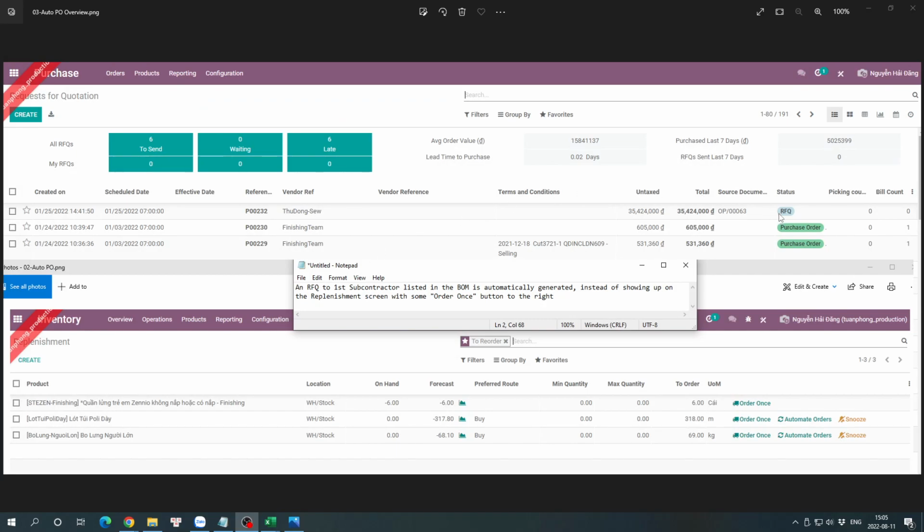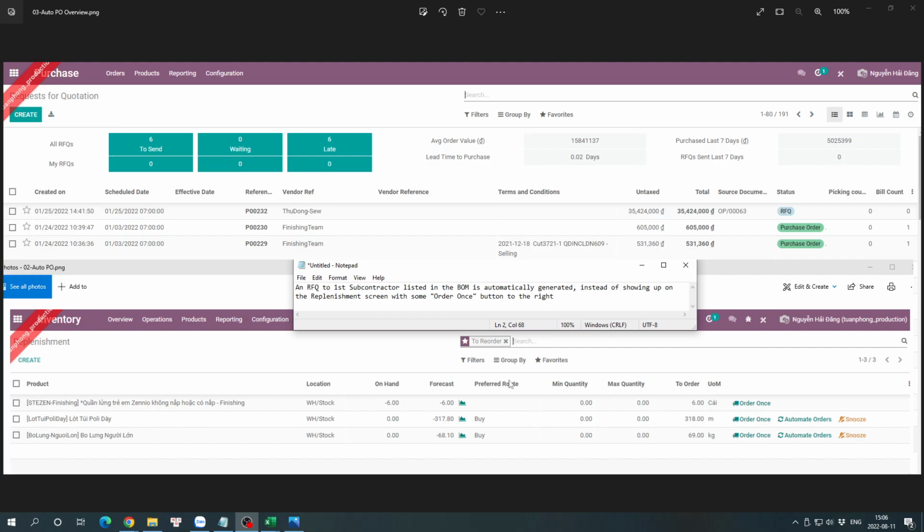And there you go, a request for quotation or purchase requisition, or whatever you want to call it, was created automatically for this subcontractor. And the note here tells you that this one is automatically created instead of showing up on the replenishment screen with some order once button to the right. It's talking about the screenshot down here.